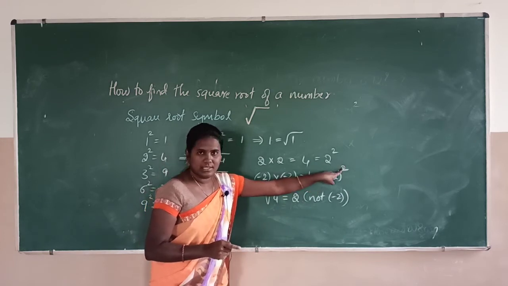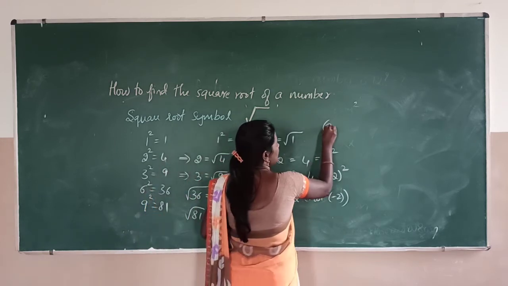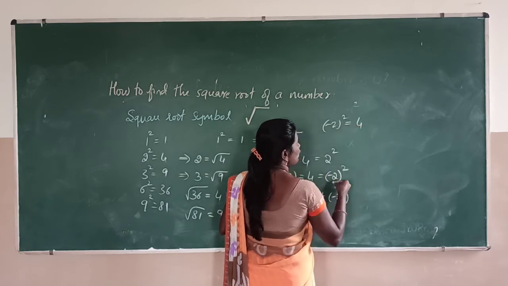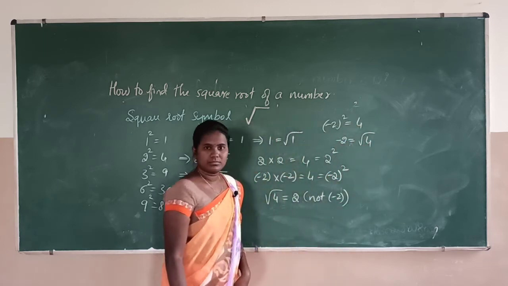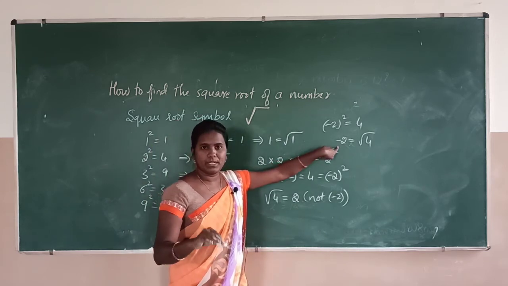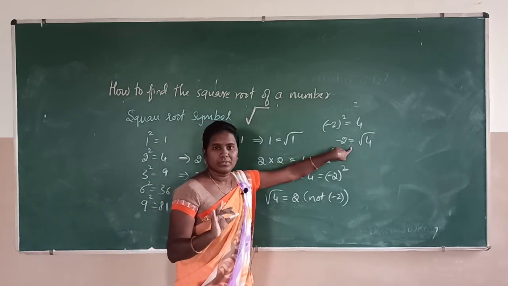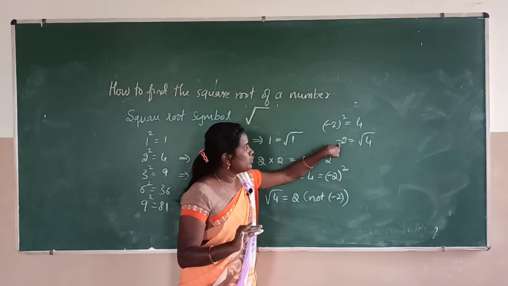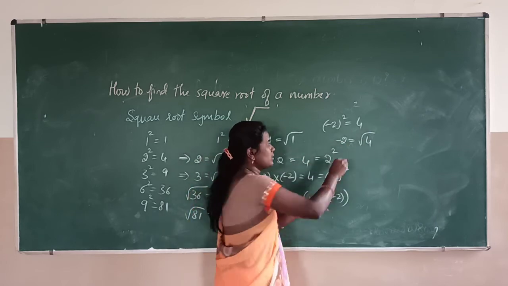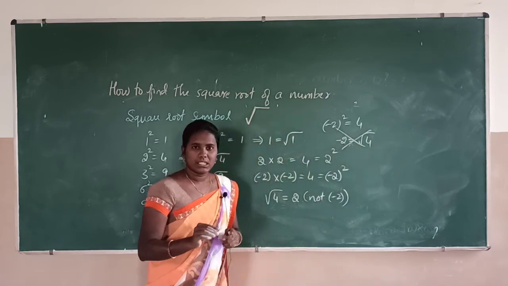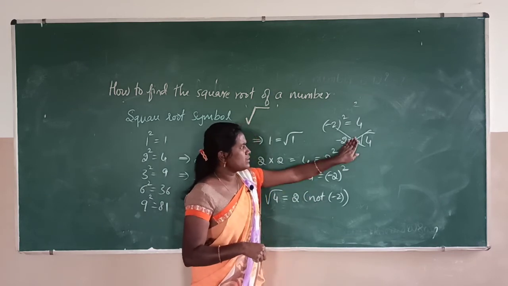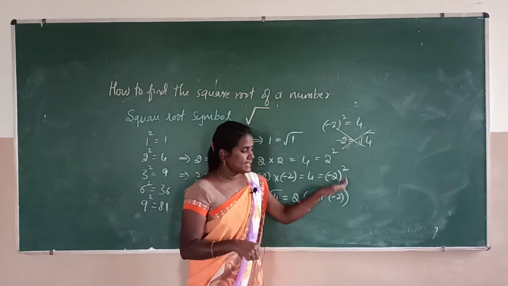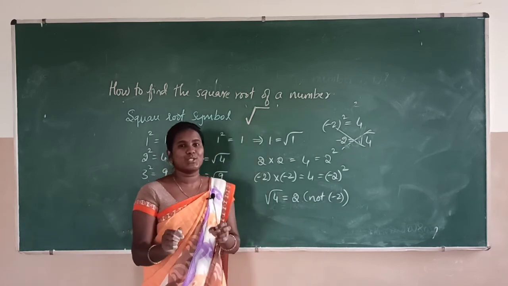Minus 2 square is there. See, you may think that minus 2 square is equal to 4, then minus 2 is equal to root 4. Yes, it happens with you people, but this is wrong. Minus 2 is equal to root 4 is wrong. Yes, so in this lesson we are going to consider the positive square roots only.